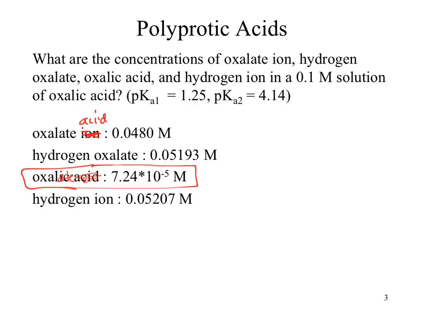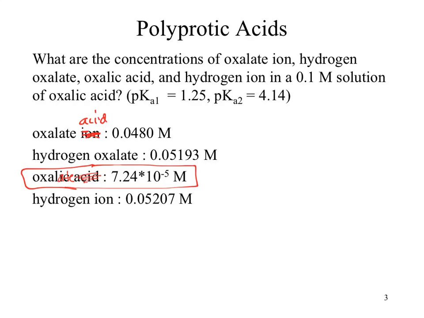To get our concentration of the oxalate ion, our 7.24, to solve for that, what expression did we need to use? We needed the equilibrium constant with respect to acid for step 2, which means we would use pKa 2. We'd have to convert our pKa 2 into a Ka to use it.